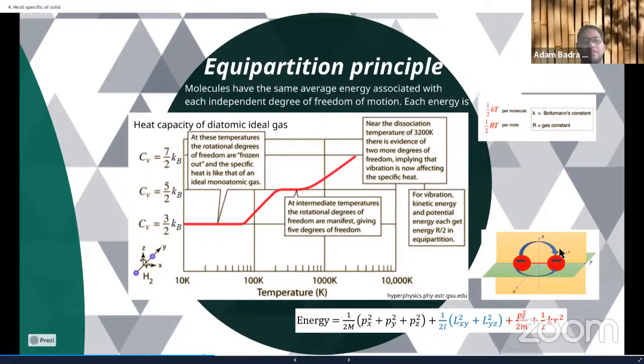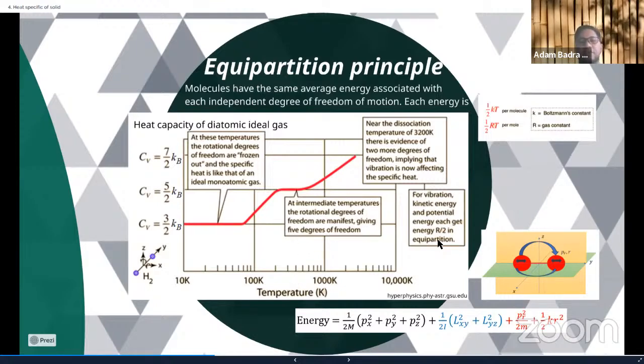So only two rotations are dominant and meaningful. So there are two energy terms, and each contributes another half kT. That means the total is 5 over 2 now. This contribution becomes dominant at this temperature, so it contributes to the Cv.